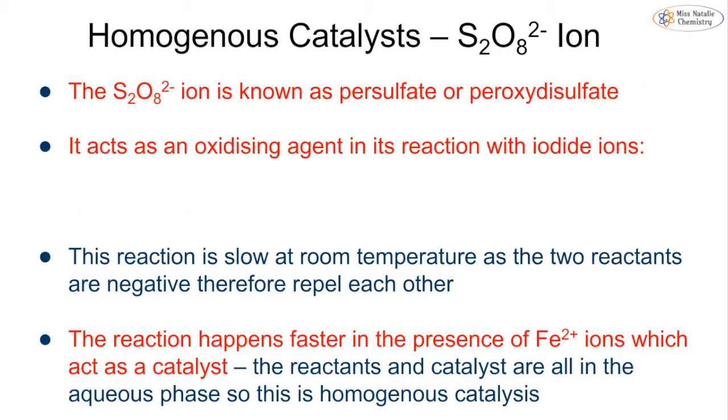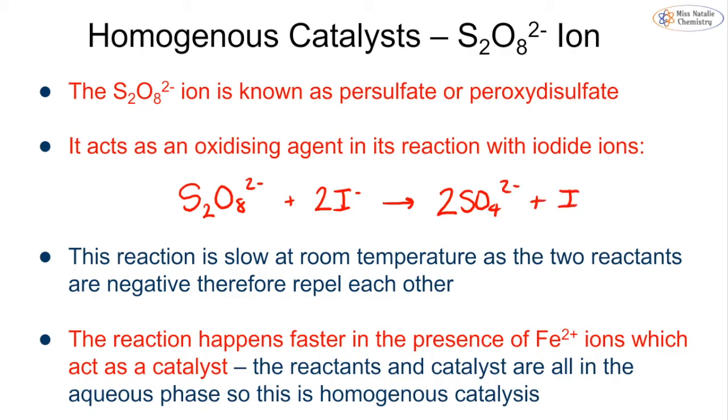So if we have this S2O8 2- ion, which is called persulfate or sometimes peroxydisulfate, this acts as an oxidizing agent in its reaction with iodide. So we have S2O8 2- reacting with 2 moles of iodide, and that gives you sulfate and iodine.